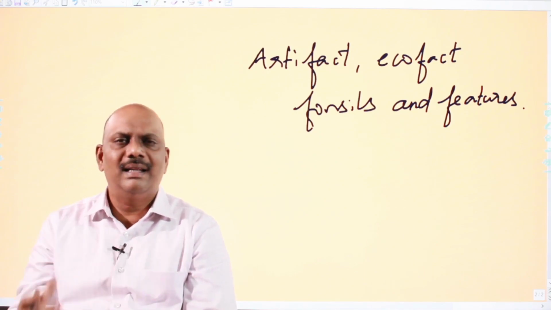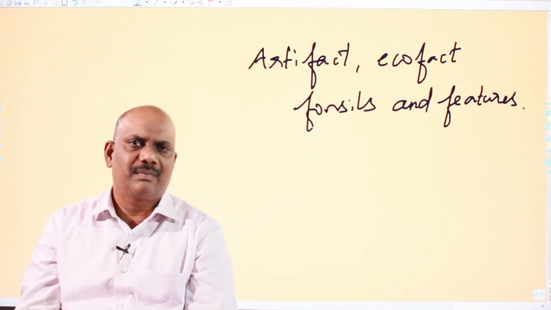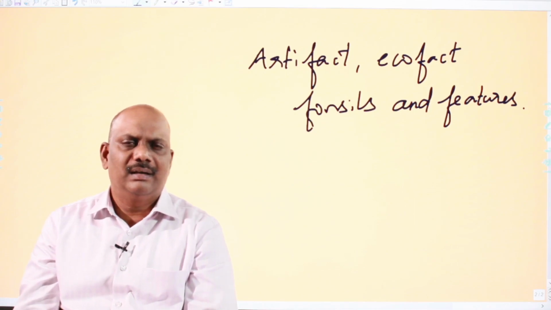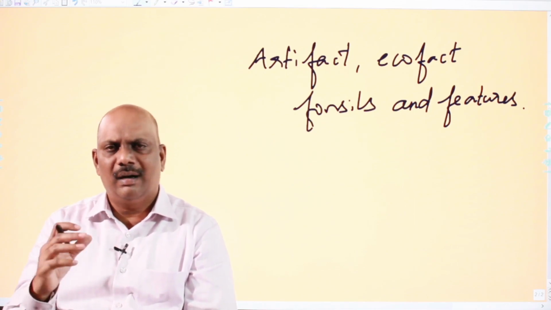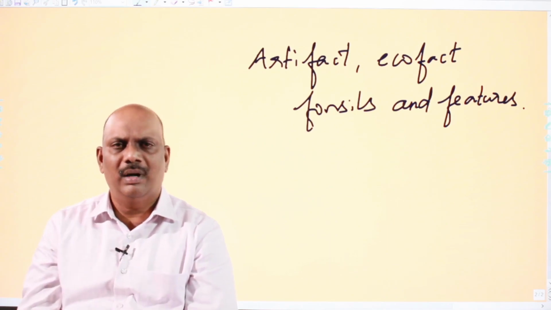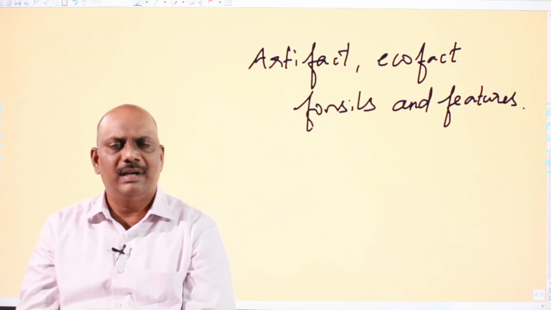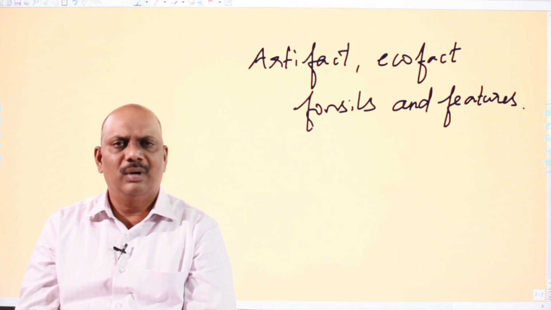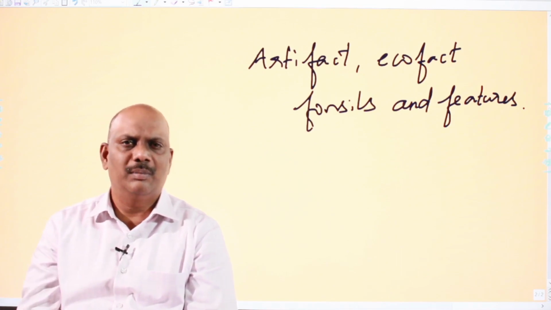Dating the evidence. There are two general ways by which we do it. One is relative dating, another one is absolute dating, which is also called chronometric dating.